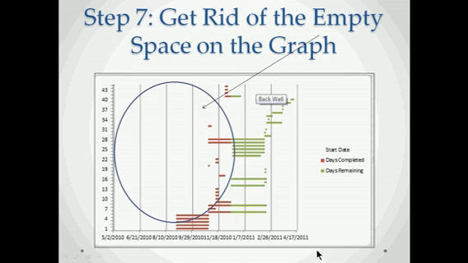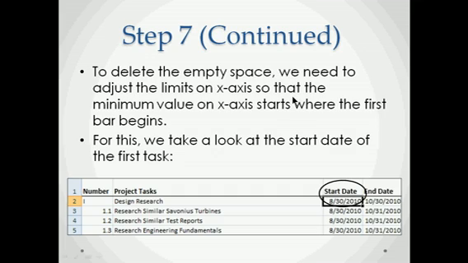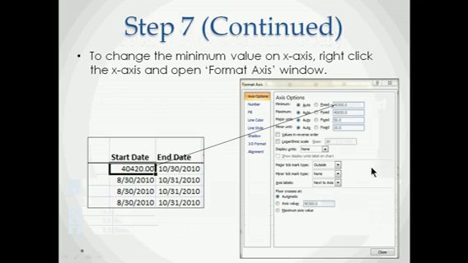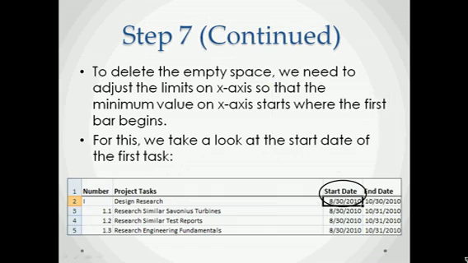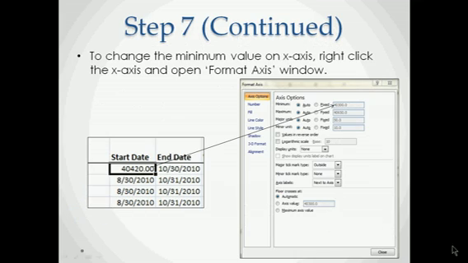So just right click on the x-axis and click on the Format Axis option, so that it gives you an option of changing the minimum value of the x-axis. Now as you can see, the start date of the first task is 8/30/2010, but when it goes into Excel, the date is converted into a number.